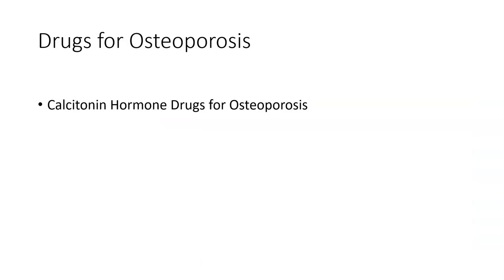Your next group are the calcitonin hormone drugs. So calcitonin is actually a hormone that your body secretes from your thyroid gland, and it's balanced by your parathyroid hormone. What calcitonin does is it moves calcium from the blood and brings it to the bone to help increase bone density.